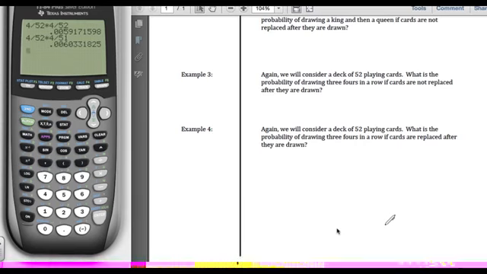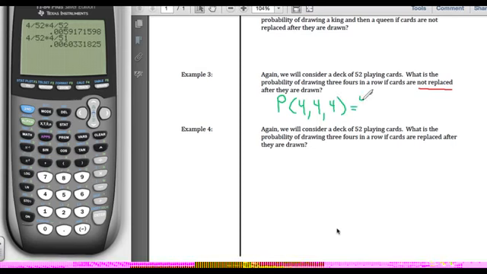So example 3, again, it's a standard deck of 52 playing cards. They've been shuffled. We want to know what is the probability of drawing 3 4s in a row if the cards are not replaced. So the probability of a 4, a 4, and then a 4. Probability of the first 4, 4 out of 52.